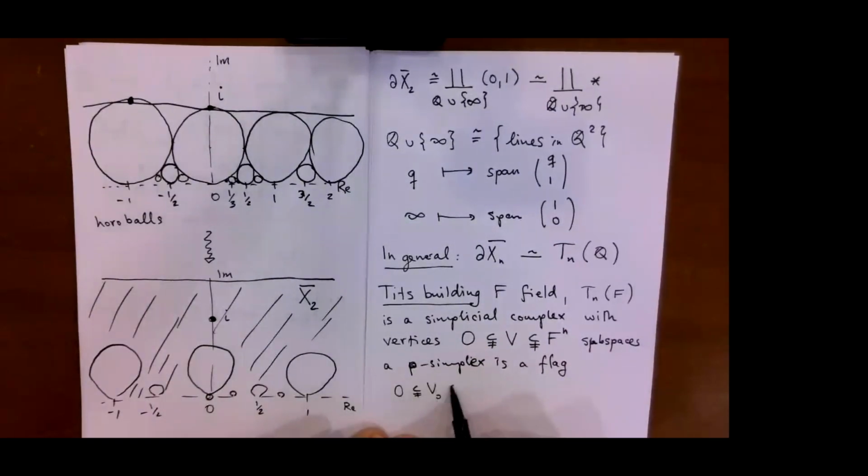So I take a chain of subvector spaces. Let's say, what's a two-dimensional simplex? A two-dimensional simplex is a triangle. A triangle has three vertices. So I take three subspaces that include into each other.